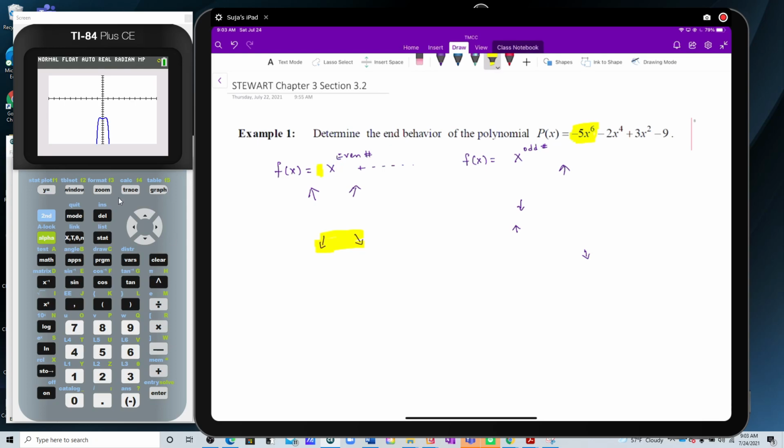Okay, so you see here the graph is going down, and that's what I meant by the end behavior. So how do I answer this question?